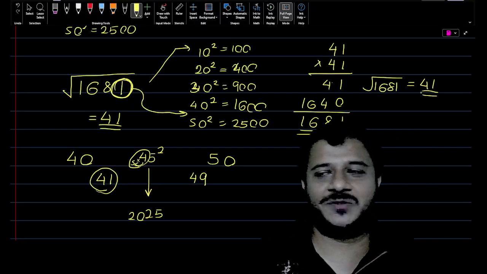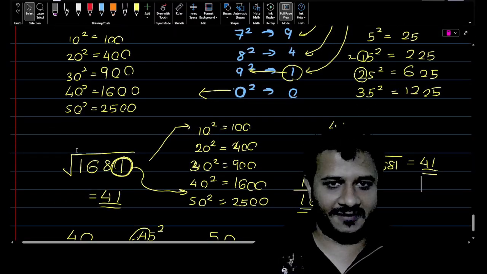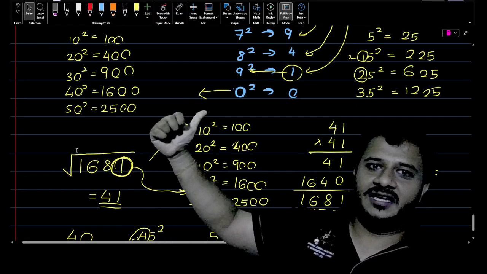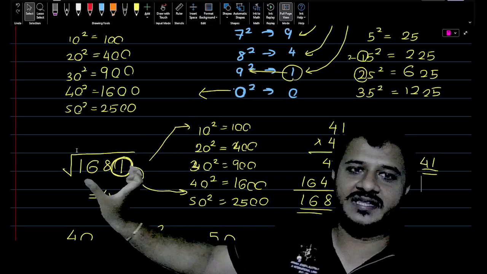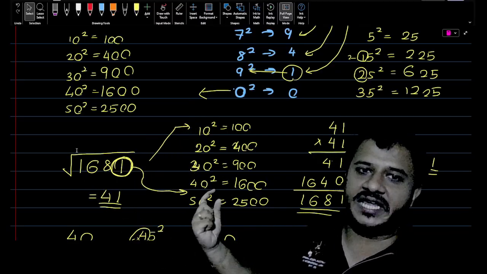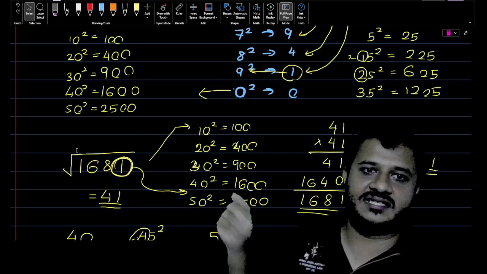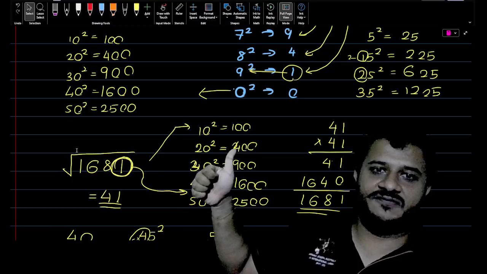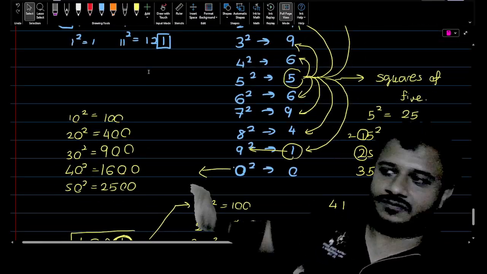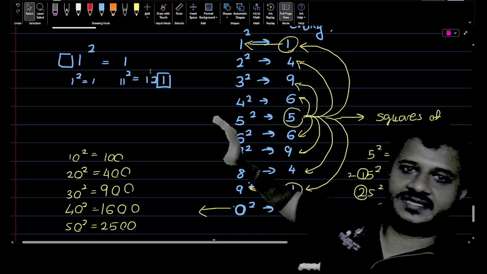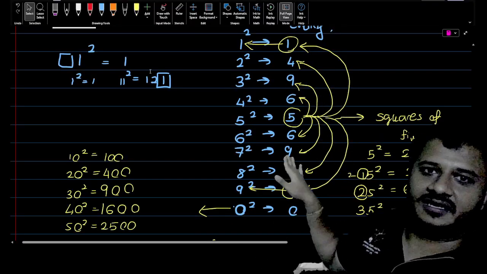Yep. So what are the steps we followed? We investigated the number they have given, and we went with 10 square, 20 square, like that, until we figured out between which two tens values it is located. Once we allocated that, we look at the last digit. If it is ending with a 1, the root ends with a 1 or a 9. If it is a 4, it's ending with a 2 or an 8.